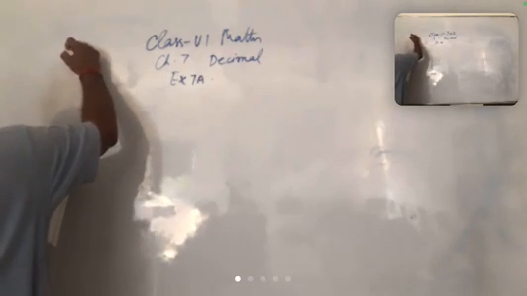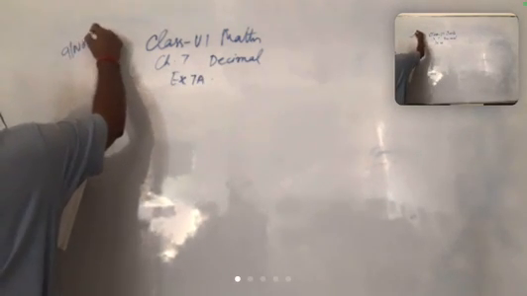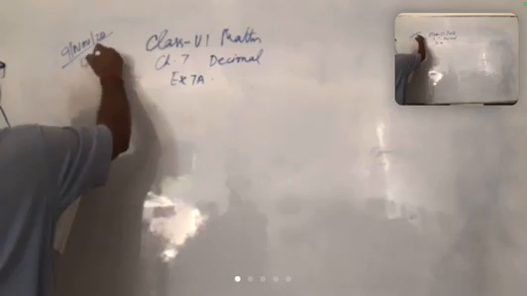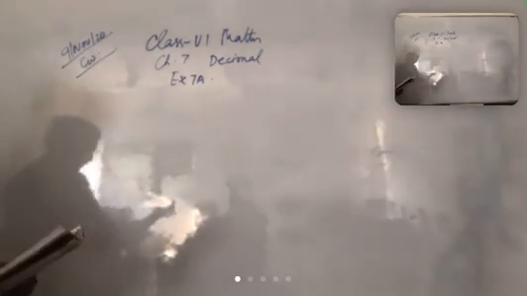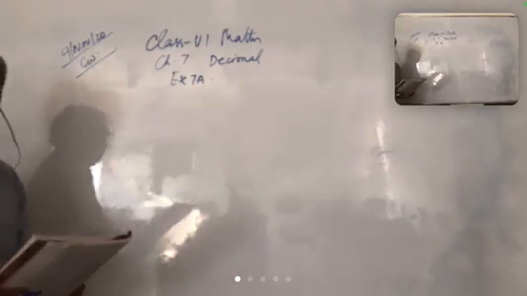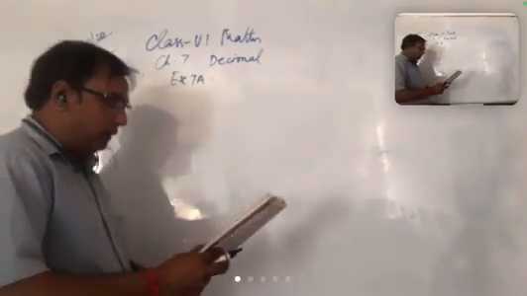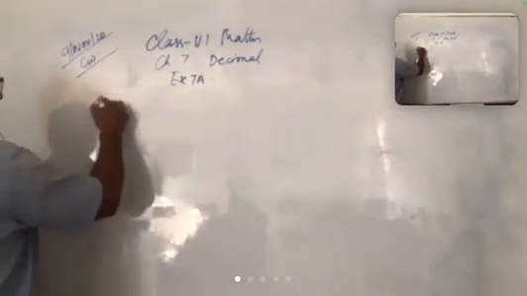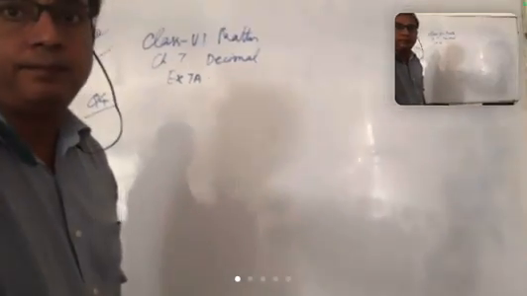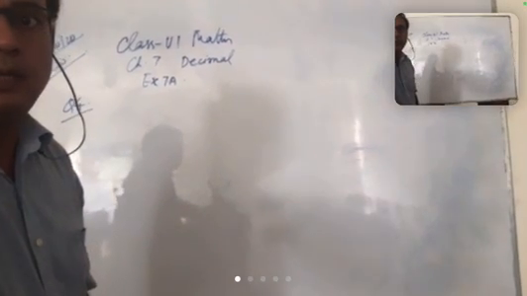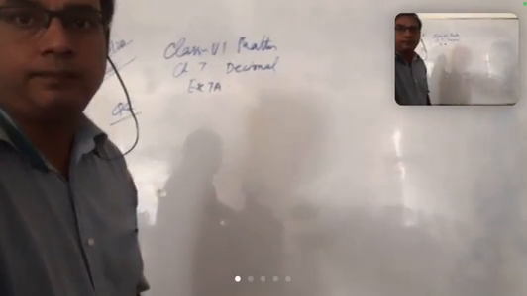Everyone take out your classwork copy and write down the date and classwork. So, I think questions 1, 2, and 3 are finished. So, I will start with question number 4. Yes, the board is visible to everyone.